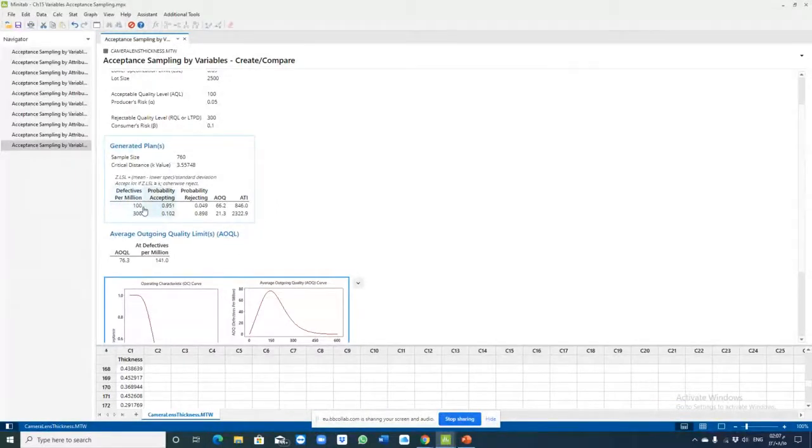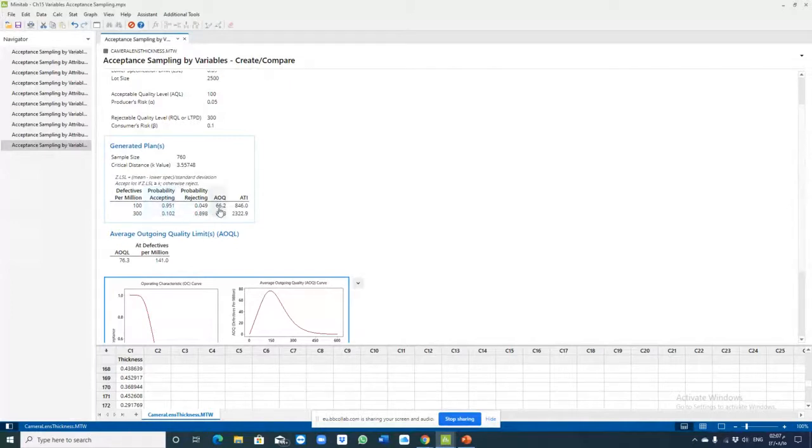What is the probability of acceptance at that level of defectives? It will be 0.95 or 95%. When we have the RQL, the rejecting quality level, of 300 defectives per million, the probability of acceptance will be 0.1, which is 10%.